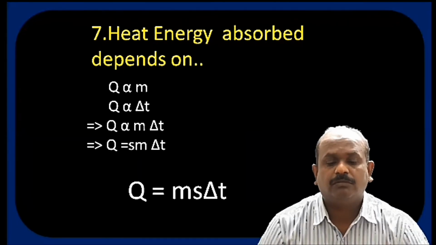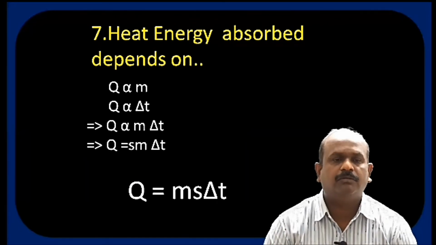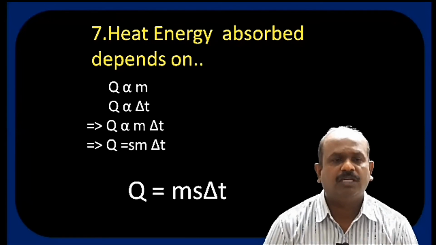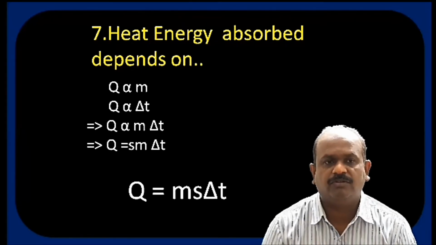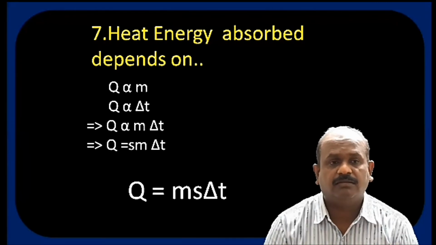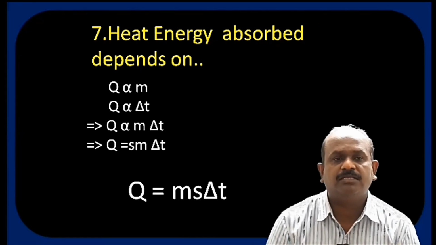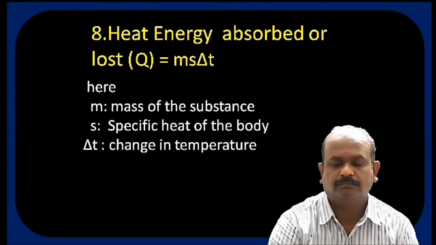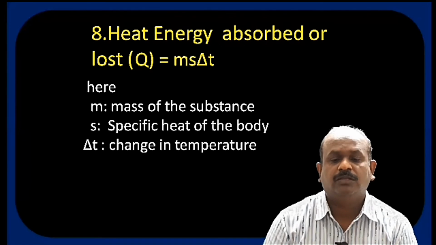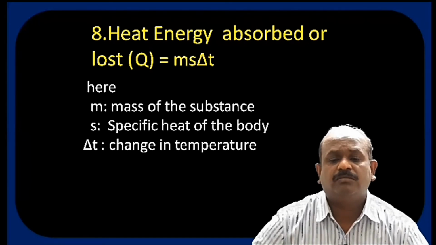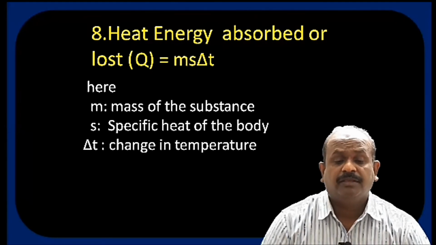Q equal to m s delta T. This is our final equation to find out how much heat energy is absorbed by the substance. This is the formula: Q equal to m s delta T. So heat energy absorbed or lost, Q equal to m s delta T.